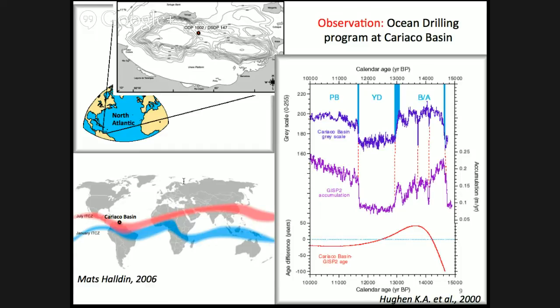The stronger trade wind may be because of a southward shift of the southern hemisphere ITCZ, or strengthening of the southern hemisphere ITCZ, or it may also indicate a southward shift of the northern hemisphere ITCZ.